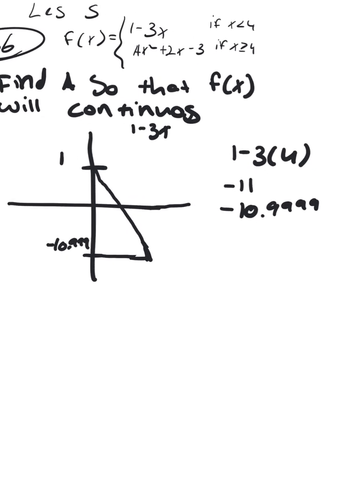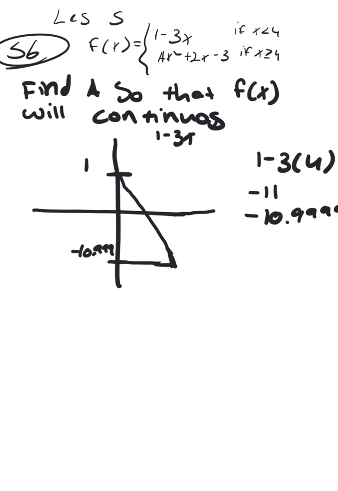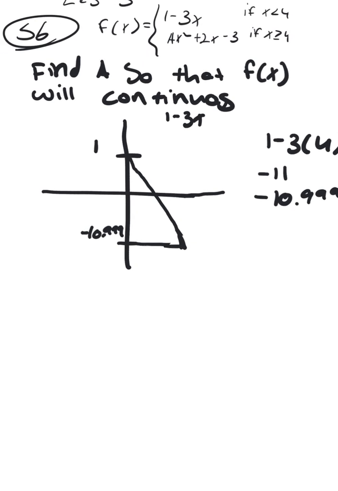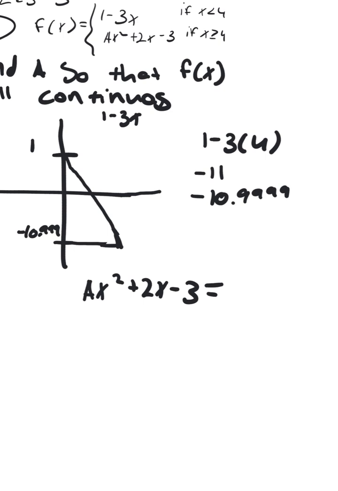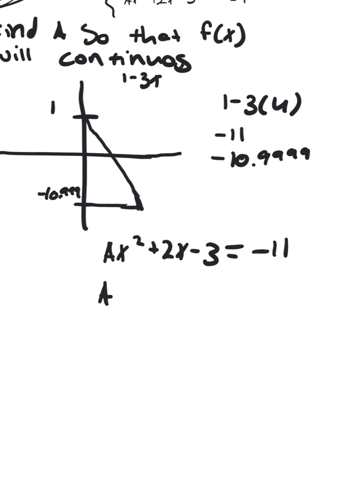So now we must find the value for a so that the function f of x will be continuous for all of x. In order to do this, we make ax squared plus 2x minus 3 equivalent to negative 11. Then we simply plug in our x, which is 4.